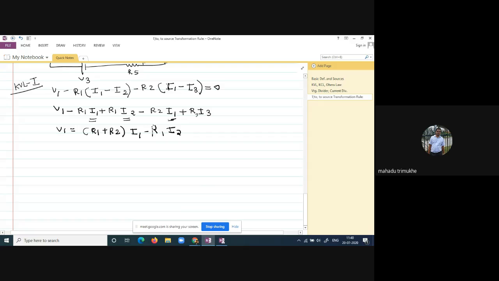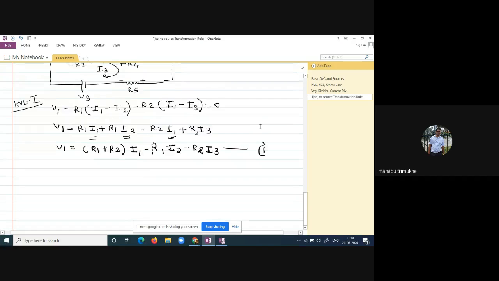Again minus R2 I3. This is your equation number one.